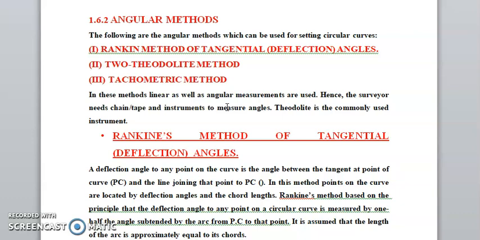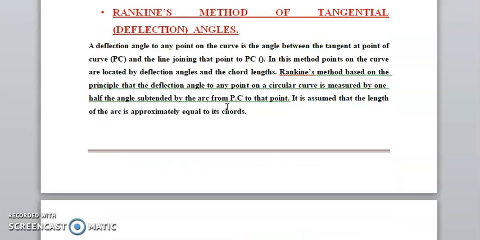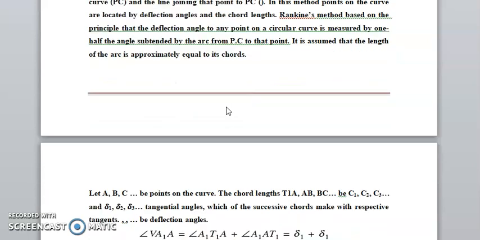The tangent method is based on the principle that the deflection angle to any point of the circular curve is measured by one half of the angle subtended by the arc from the PC to that point. It assumes that the length of the arc is approximately equal to the chord.